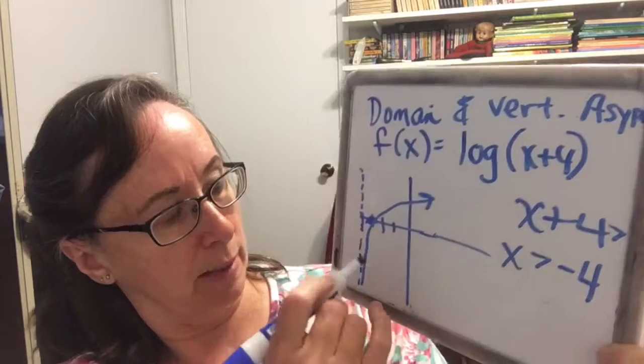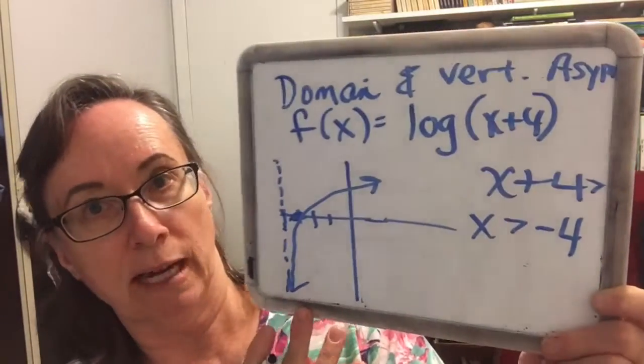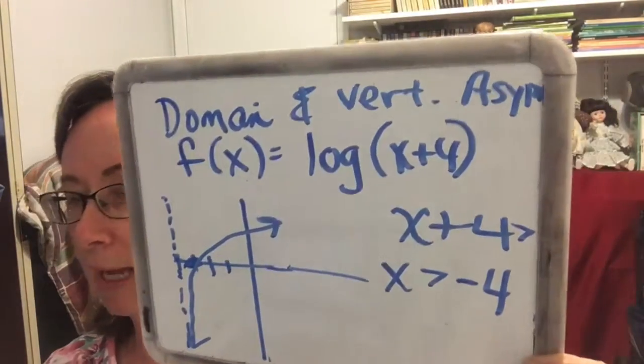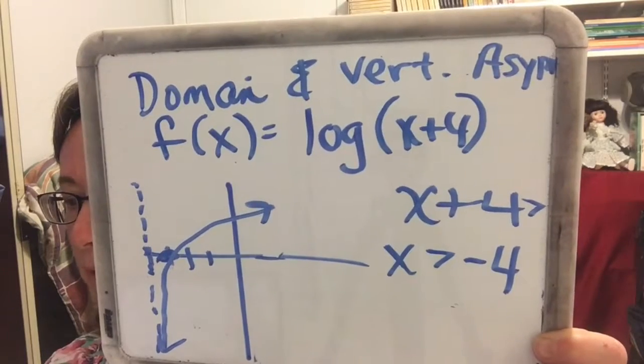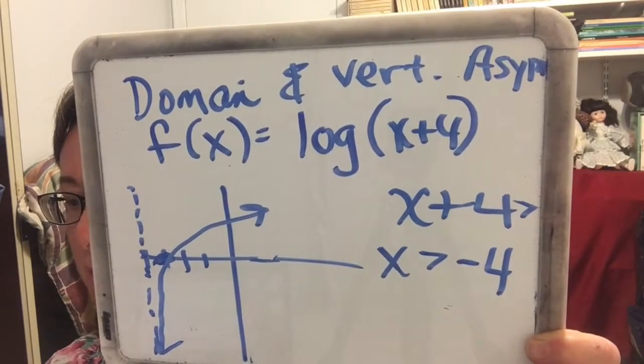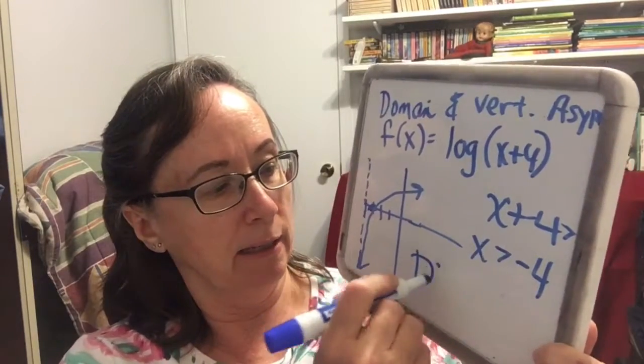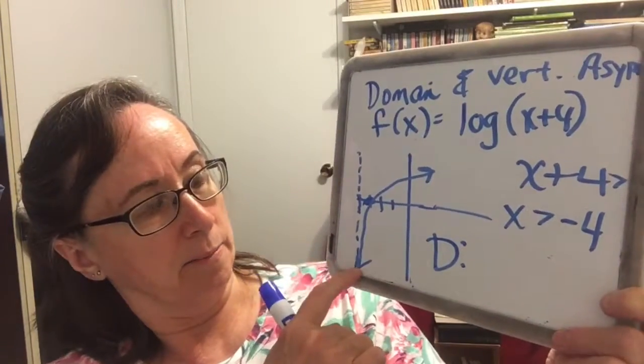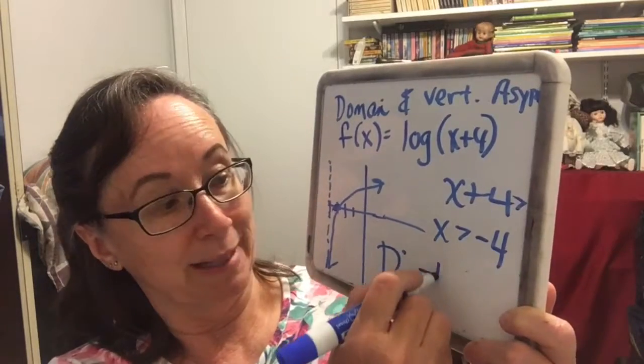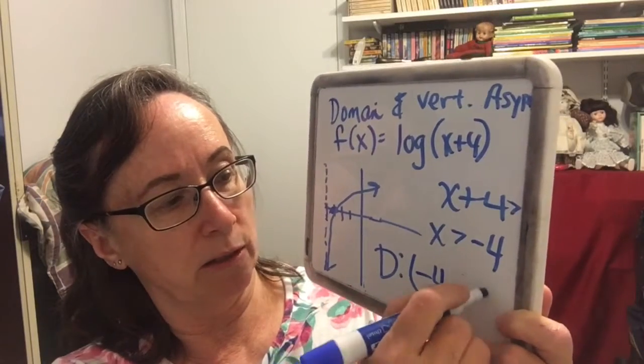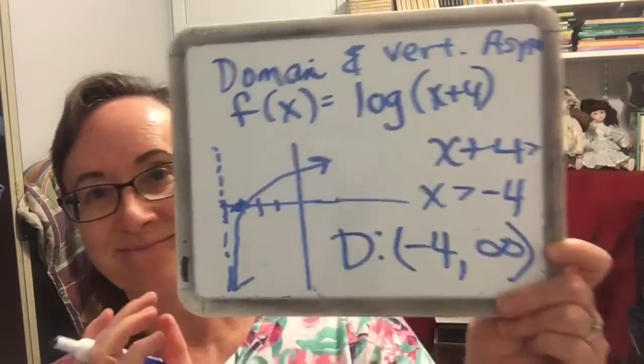So this is going to be vertical asymptote now of -4, and that should be our graph. So our domain is going to go from -4 to infinity. So domain is -4, but not touching -4 to infinity.